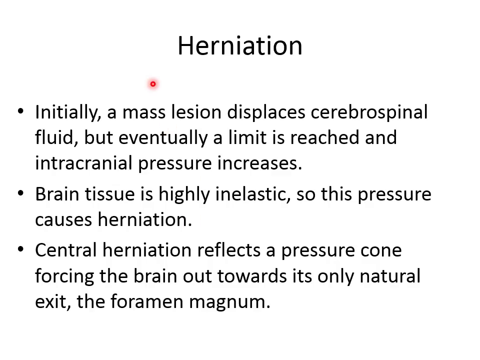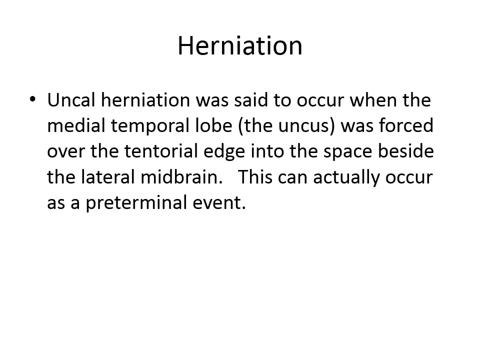Initially, a mass lesion displaces CSF, cerebrospinal fluid, but once the limit is reached and intracranial pressure increases, brain tissue, which is not elastic, causes herniation. That is, it shifts as a cone of tissue, forcing the brain out towards its only exit. The only exit is the foramen magnum, that is, down from the cerebrum towards the brainstem and out to the foramen magnum.